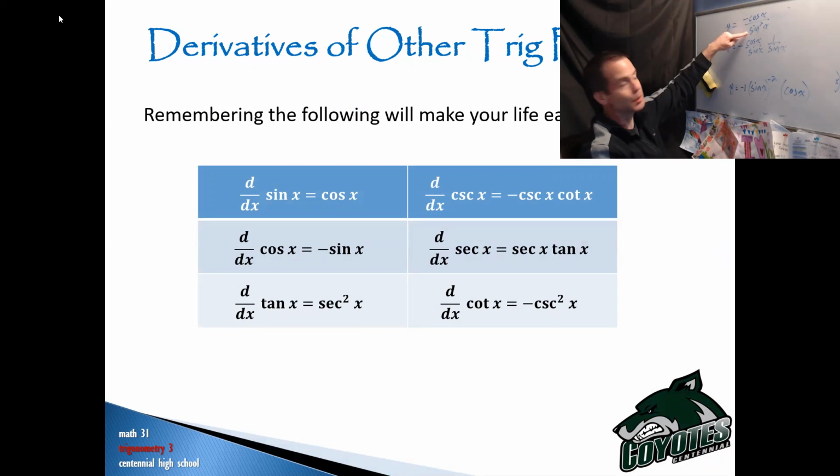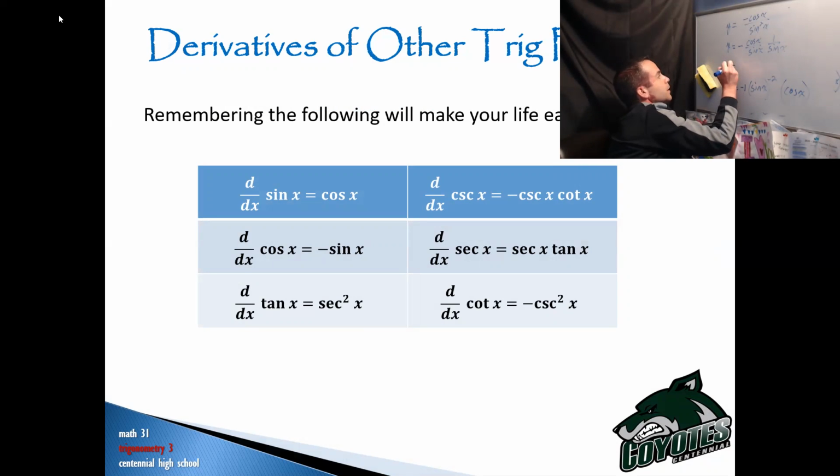I just split that sine squared x into two different sine x's on the bottom, because I see cos over sine is cotangent, and 1 over sine is cosecant. So I end up with negative cotangent x cosecant x, which again is what is on your table there.